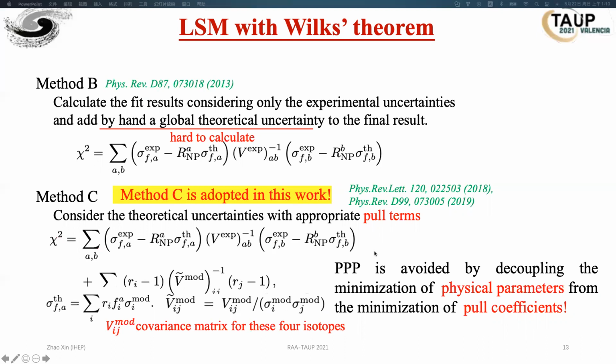It's a smart way to separate the minimization of the physical parameter and the nuisance parameter. And in this situation, the Peelle's Pertinent Puzzle is avoided. And method C is adopted in our work.